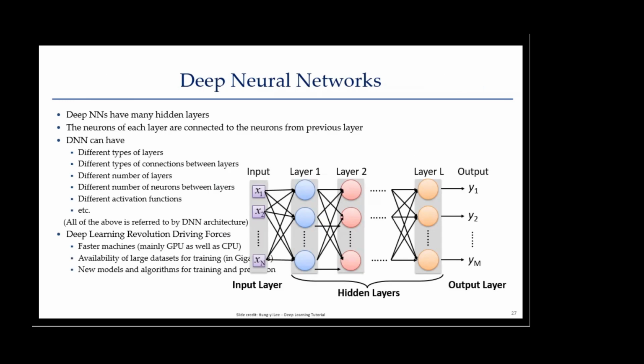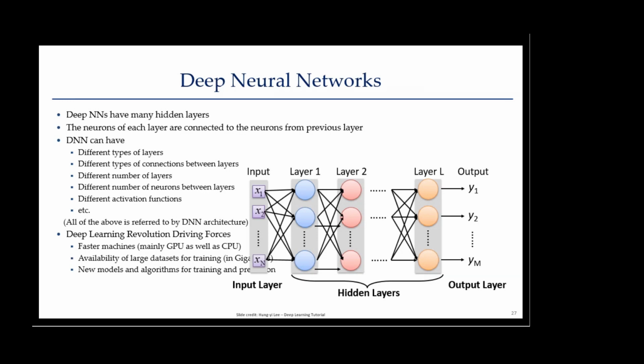Our last topic that we're going to discuss today is the deep neural network. The deep neural network has many hidden layers, unlike what we have discussed. So you can have many hidden layers. As we discussed before, each layer has neurons, and neurons of each layer are connected to neurons from the previous layer and output to the following layer.